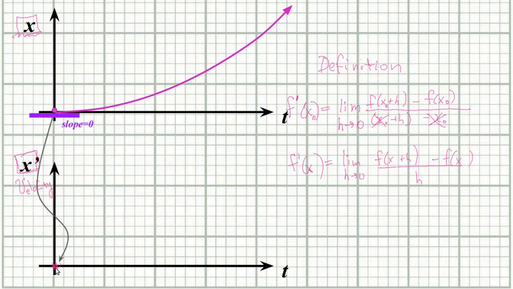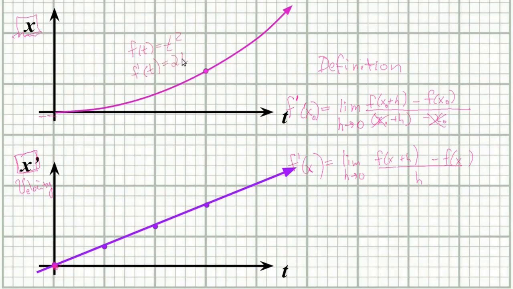So we're going to map that down. Value is 0. And at 1, the slope is 2. At 2, the slope is 4. At 3, the slope is 6. I think you see the pattern. So when the function is t squared, the derivative is 2t. At 1, I get a value of 2. At 2, I get a value of 4. At 3, I get a value of 6. At 4, I get a value of 8.